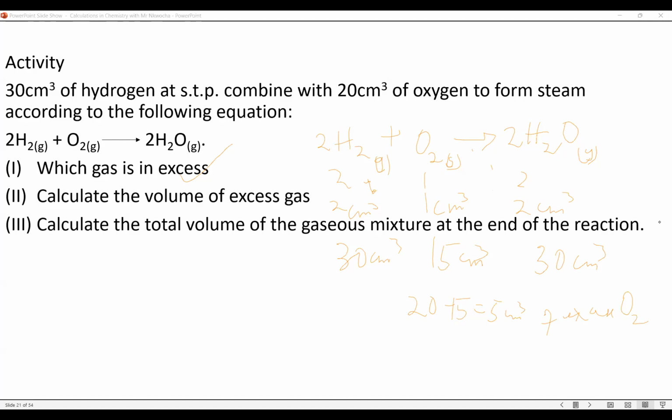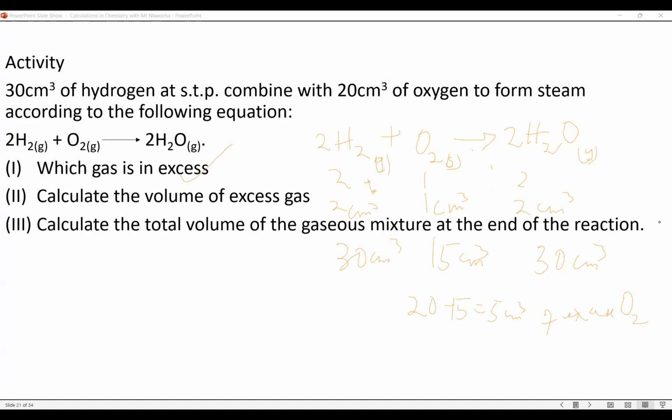So at the end of the reaction, we will have formed 30 cm³ of water, and we will be left with extra 5 cm³ of oxygen, the unreacted oxygen. So the total volume of the gaseous mixture at the end of the reaction will be 30 plus 5, which is 35.